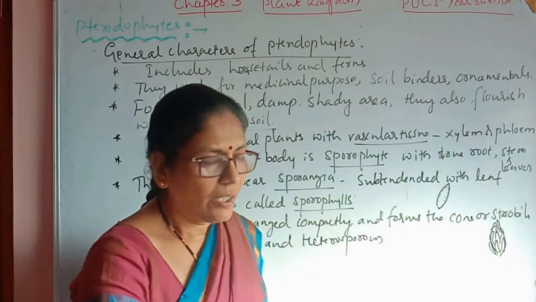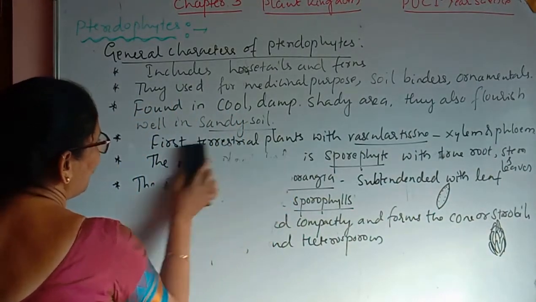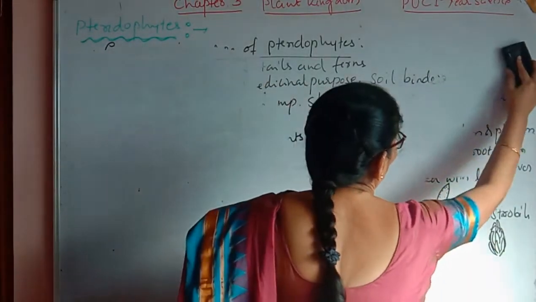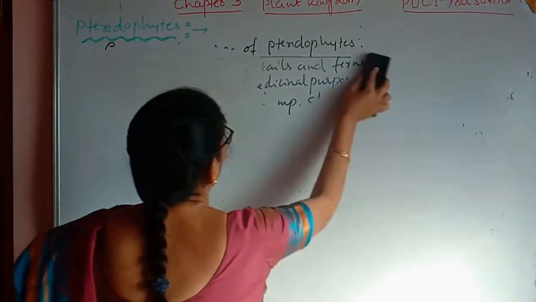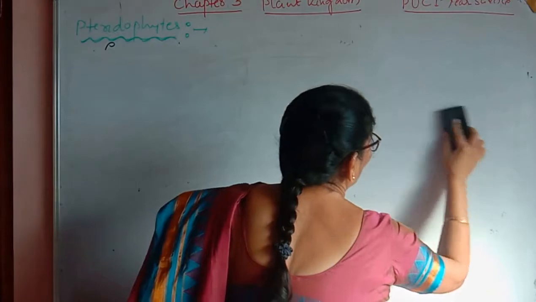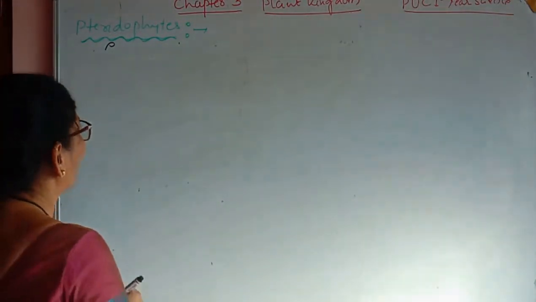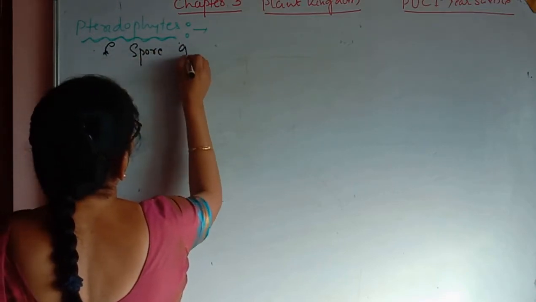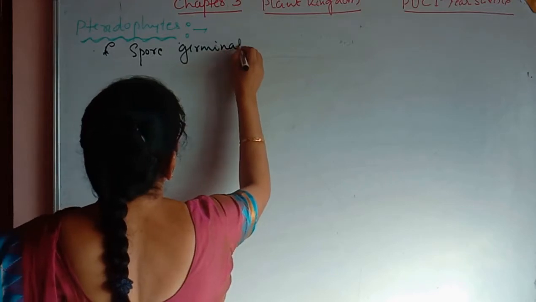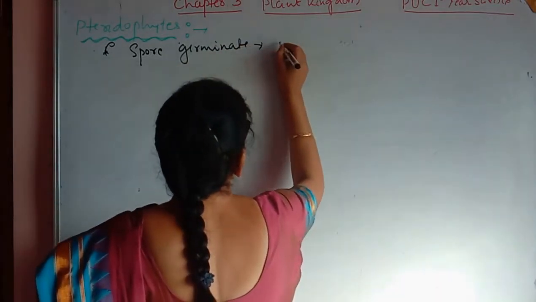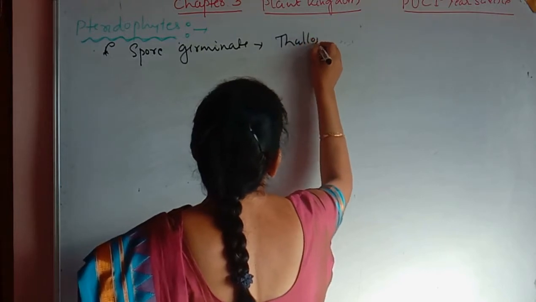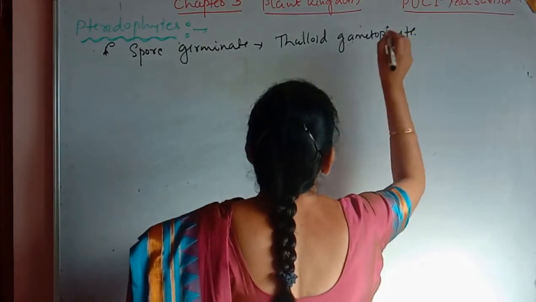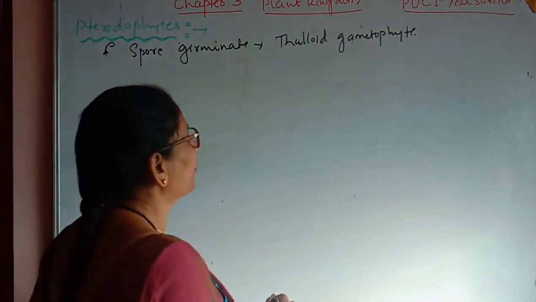So next, when the spores germinate, they produce the thalloid gametophyte, which is called the prothallus.